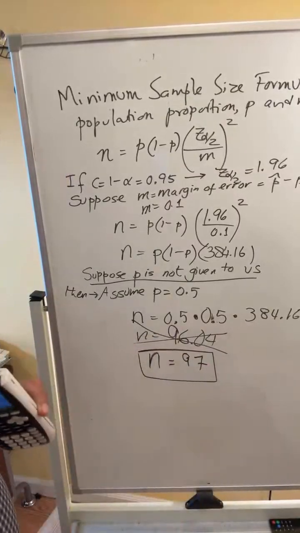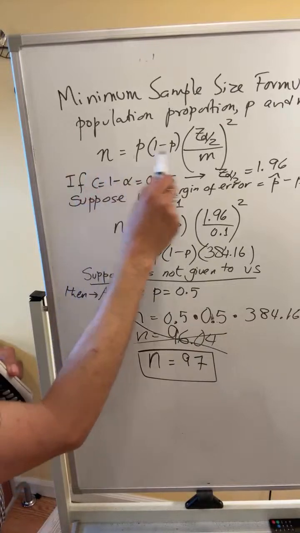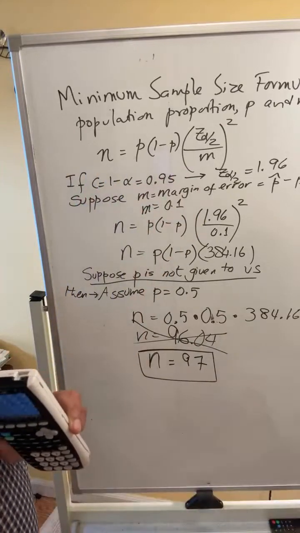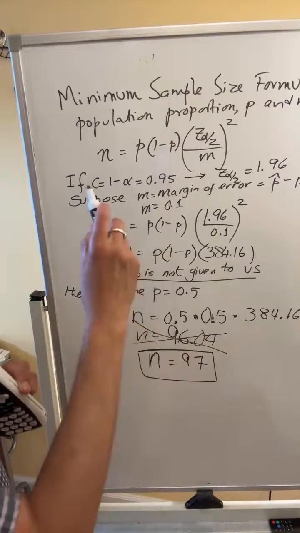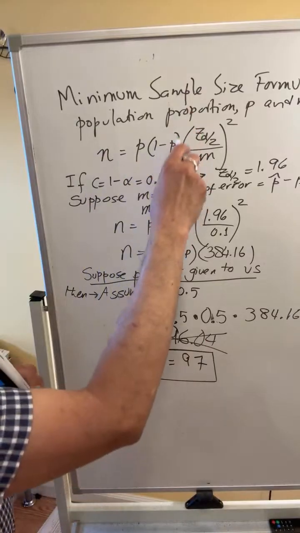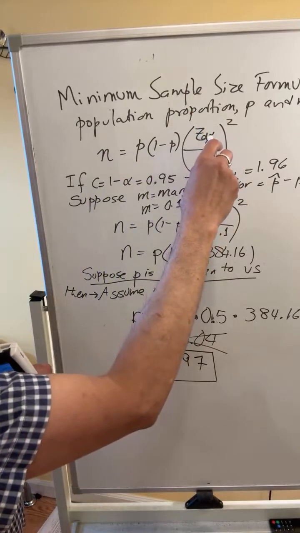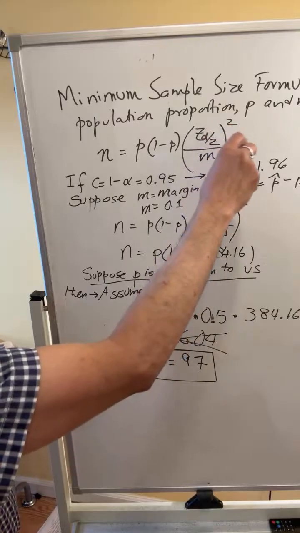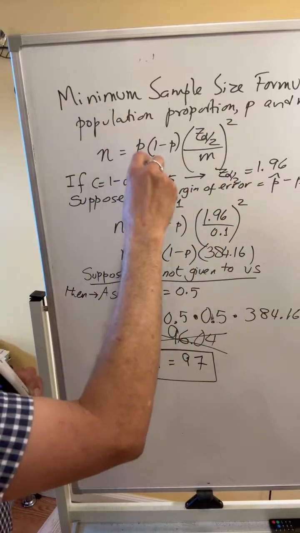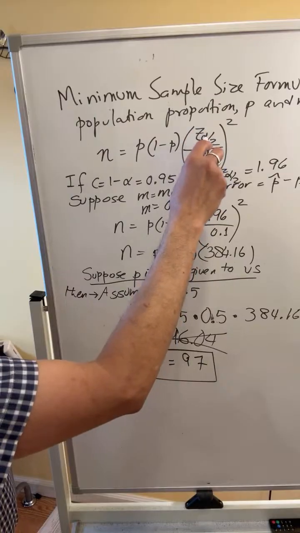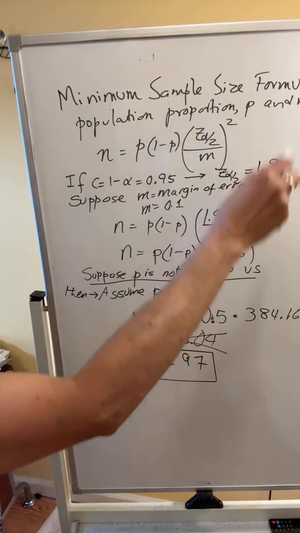Again, to summarize what I did, this is the minimum sample size formula: n equal to P times 1 minus P multiplied by the critical value of Z divided by margin of error, squared. Z alpha by 2, the critical value of Z, is 1.96.